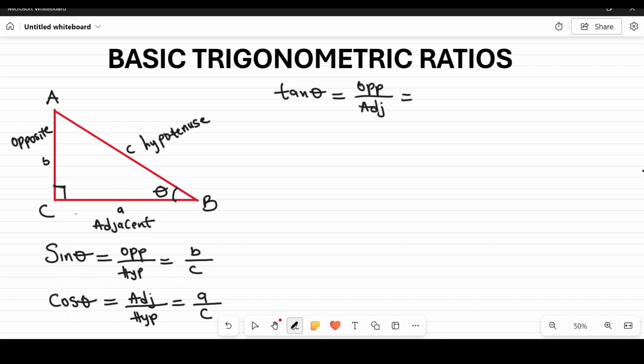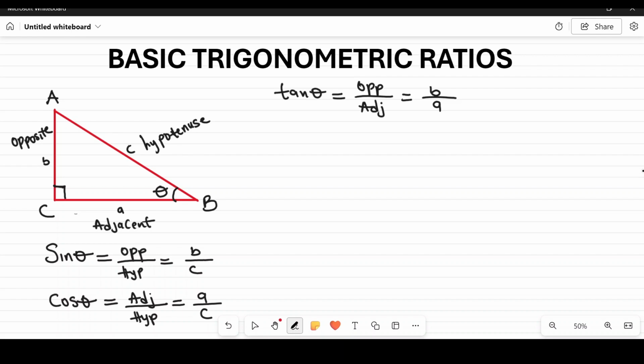With respect to theta, our opposite side is given as side AC, represented by letter B, and our adjacent is given as side BC, represented by letter A. So we have defined sine theta, cosine, which is known as cos theta, and tangent, which we write as tan theta.